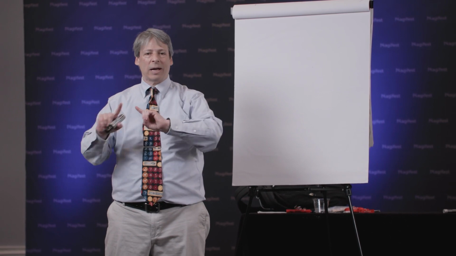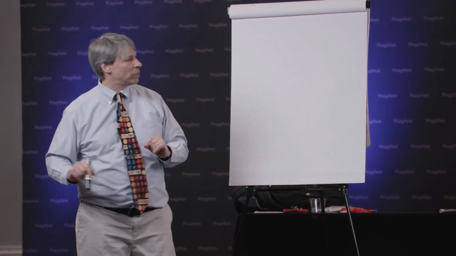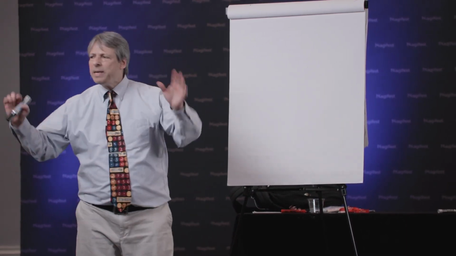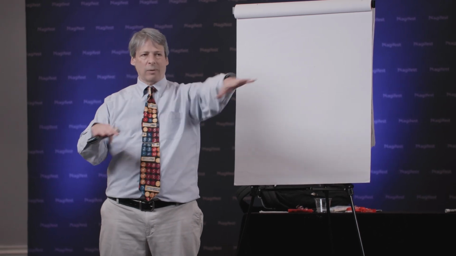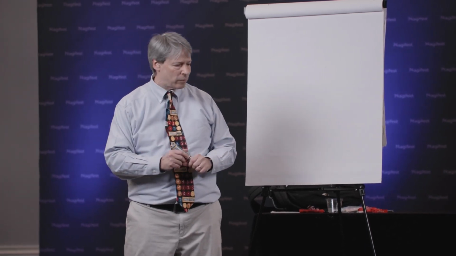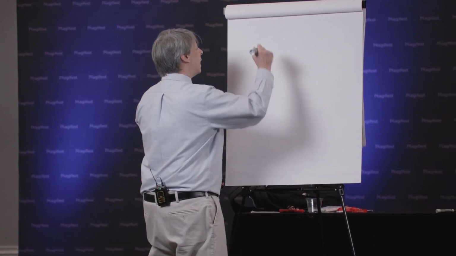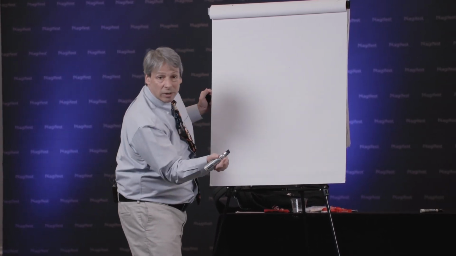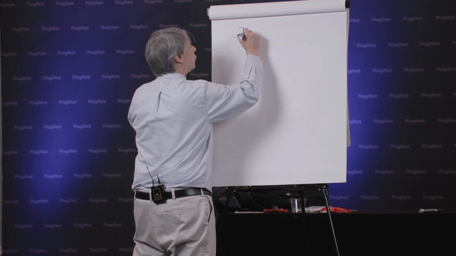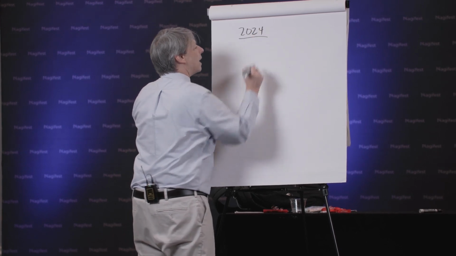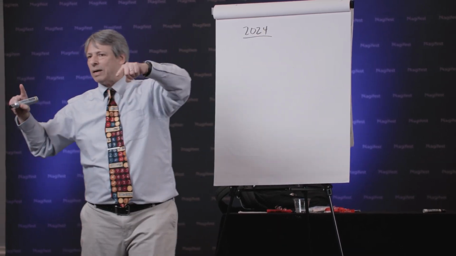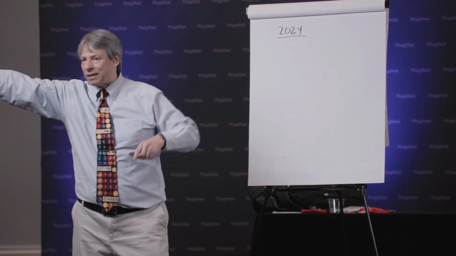Okay, so how to figure out the day of the week. Let's begin with something practical, and this is how I explain it to my audiences as well. Let's figure out the day of the week for any date this year, for 2024. Then we'll go on and figure out how to do it for next year and the year after that, and so on.